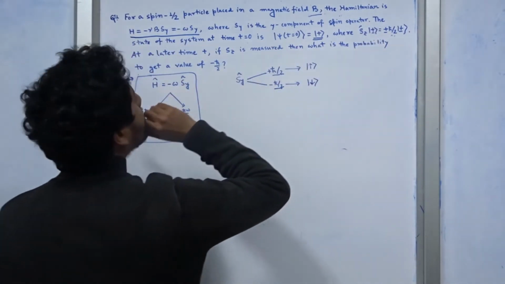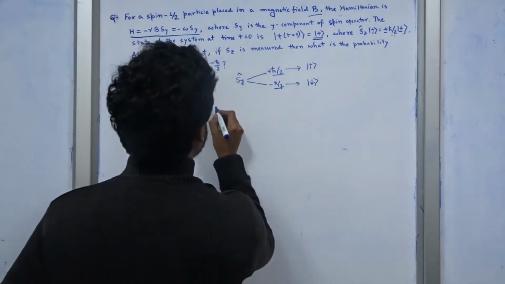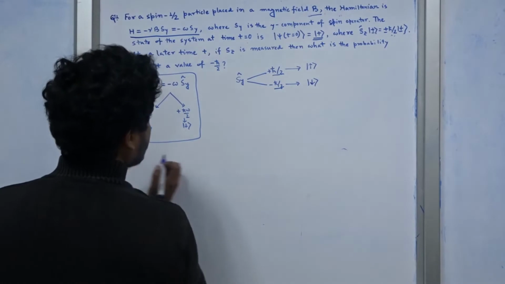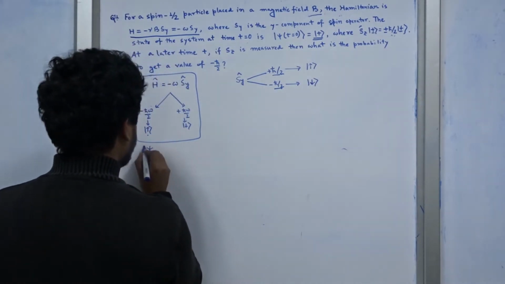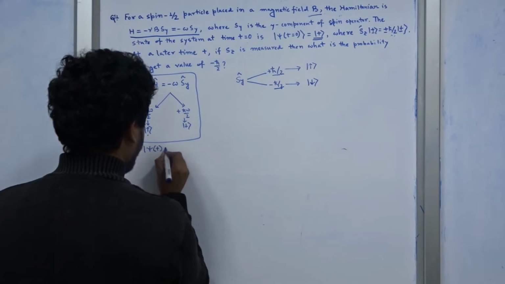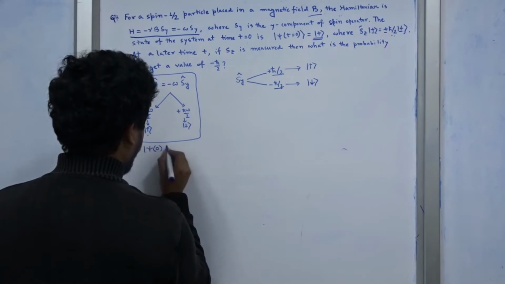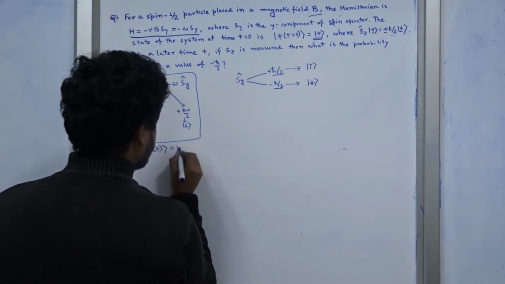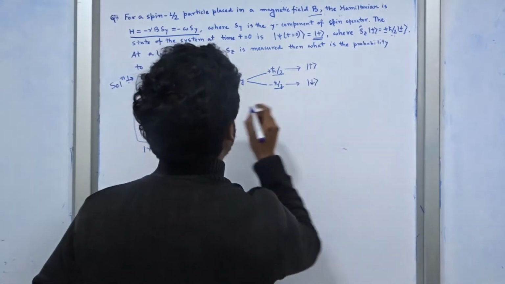Now the initial state, meaning at time t equal to 0, the initial state is this, which is the eigenstate of the Sz operator.